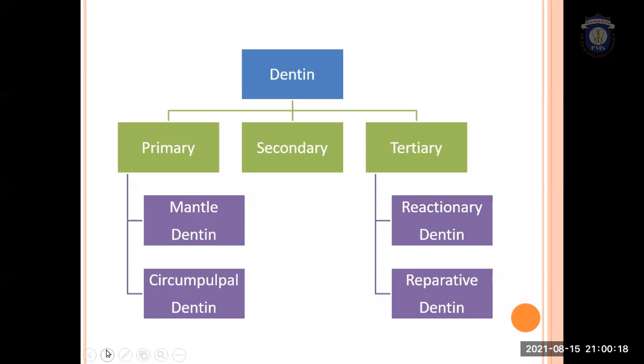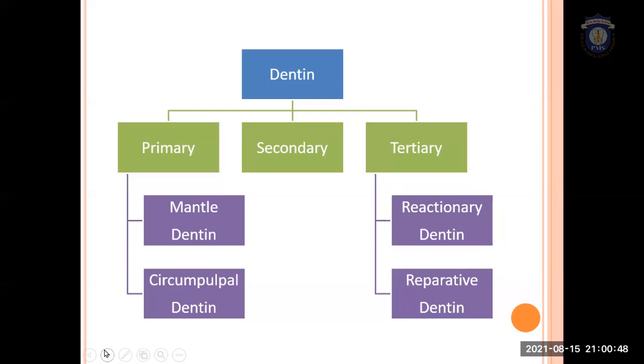Then dentine formed due to any pathological condition or insults like dental caries, presence of bacterial toxins, heat, cold, etc. can cause changes in pulp, which can stimulate the odontoblast to form dentine. That kind of dentine is known as the tertiary dentine.